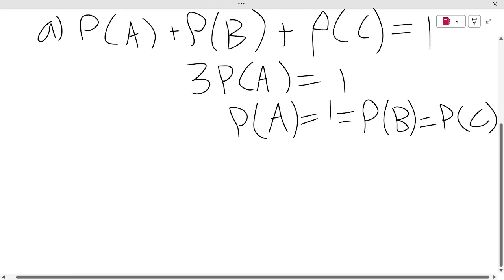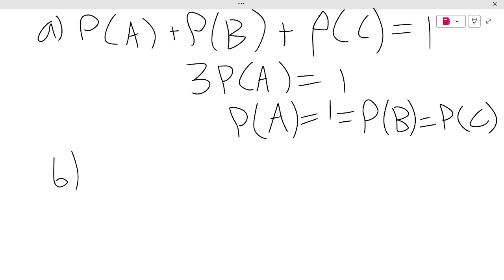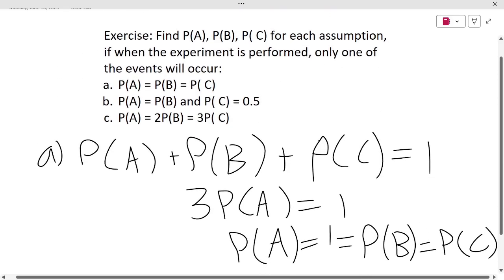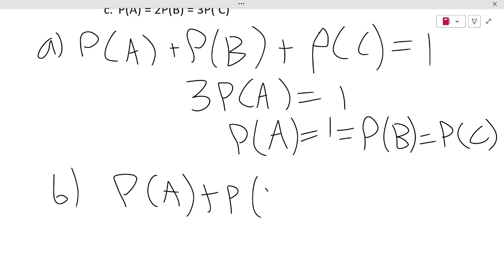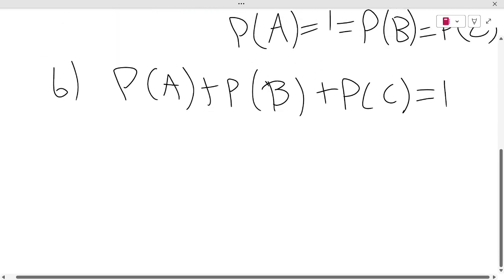Okay, let's move on to B. Same fact, we're using that they all sum to 1. But here we have that C is equal to 0.5. So let's start by writing out that they have to all sum to 1. I feel like I'm getting better at writing. Okay, and now we can substitute in what we have.